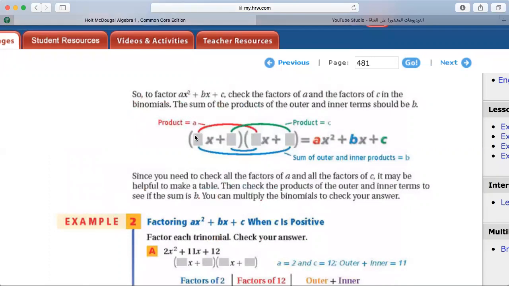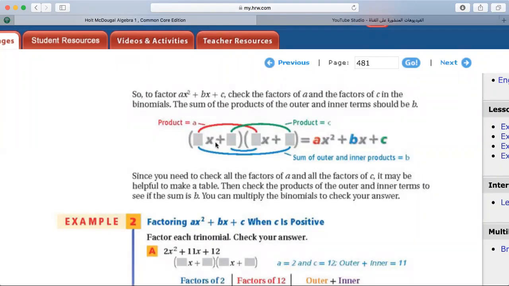The first number here next to x, which is the coefficient of x, and the coefficient of x here are the product of a x squared. The ones highlighted in red are the products of a.